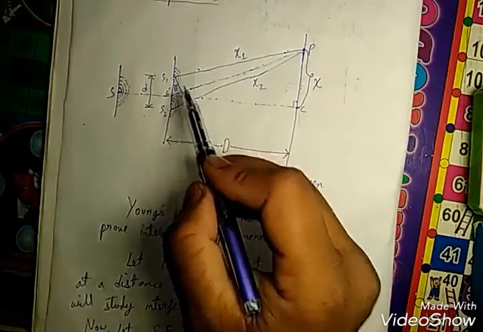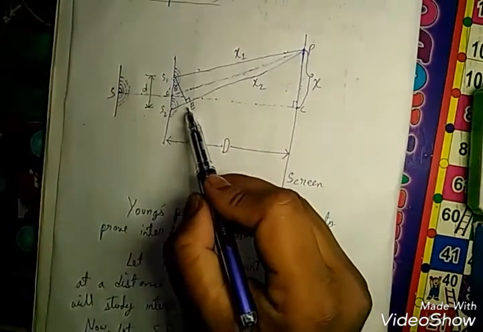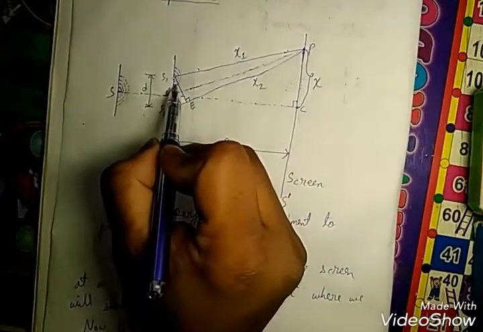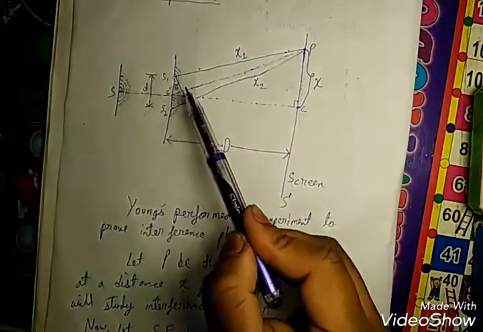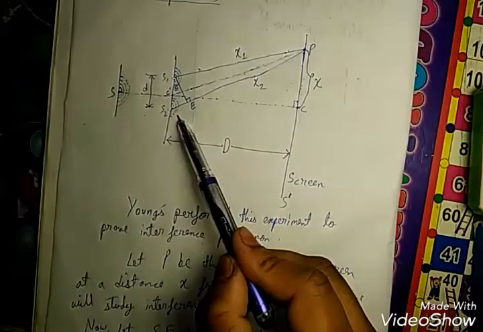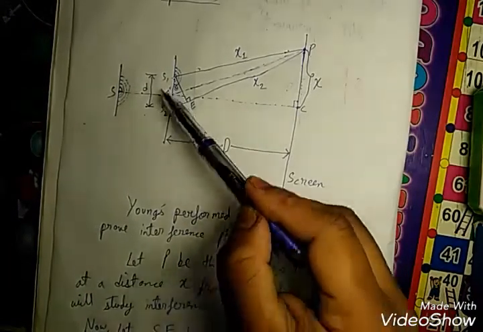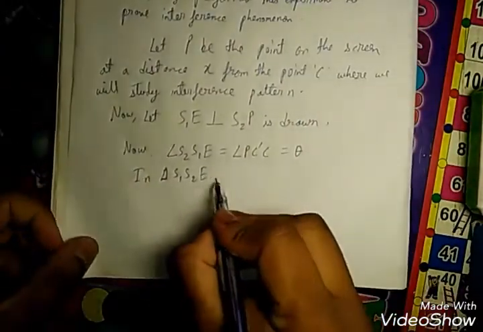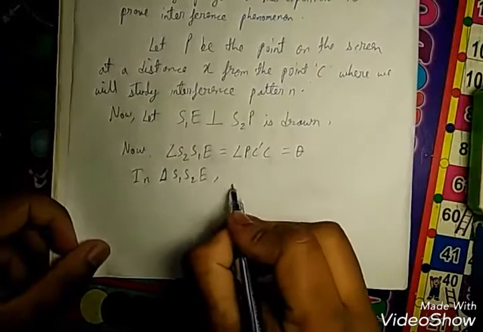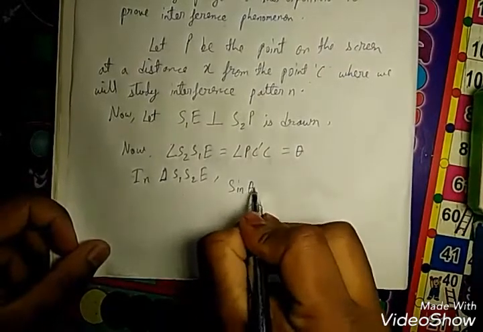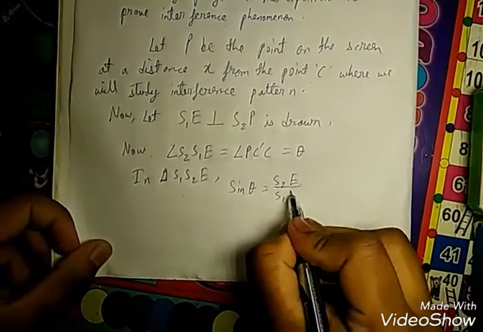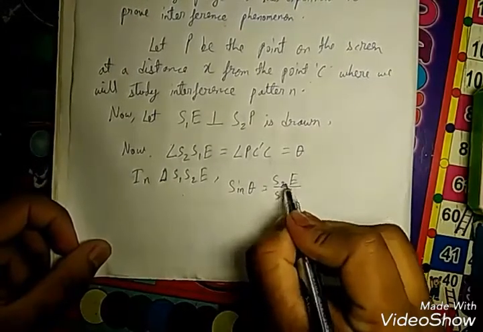Here the perpendicular is S2E and the base is S1S2. So we get sin theta is equal to S2E by S1S2.